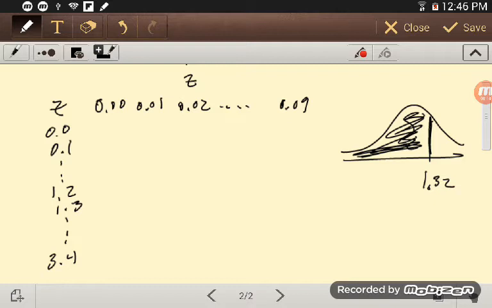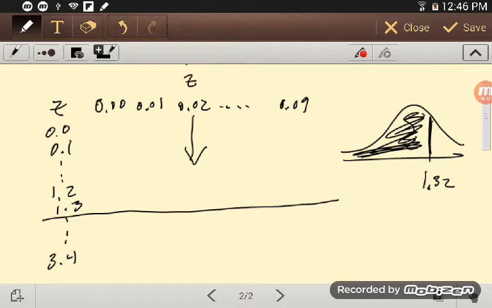So that proportion is the same as the area. I can come over here and look, and I'd go, oh, okay, here's 1.3, and there's the 0.02 to add to it, and I would look for that number.